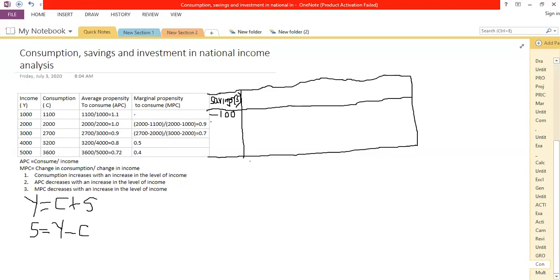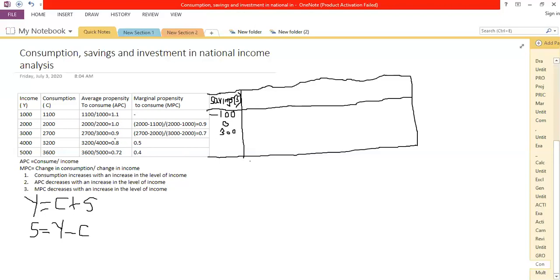At 2,000, you can see we are saving nothing. We have consumed everything. And this case here actually demonstrates what goes on, especially in the less developed nations. In a rare case, do we have savings? In many instances, actually in these nations, the African region, for example, will have debts, and therefore our savings will be reading a negative. At 2,700 and 3,000, at least we have 300 there as our savings.